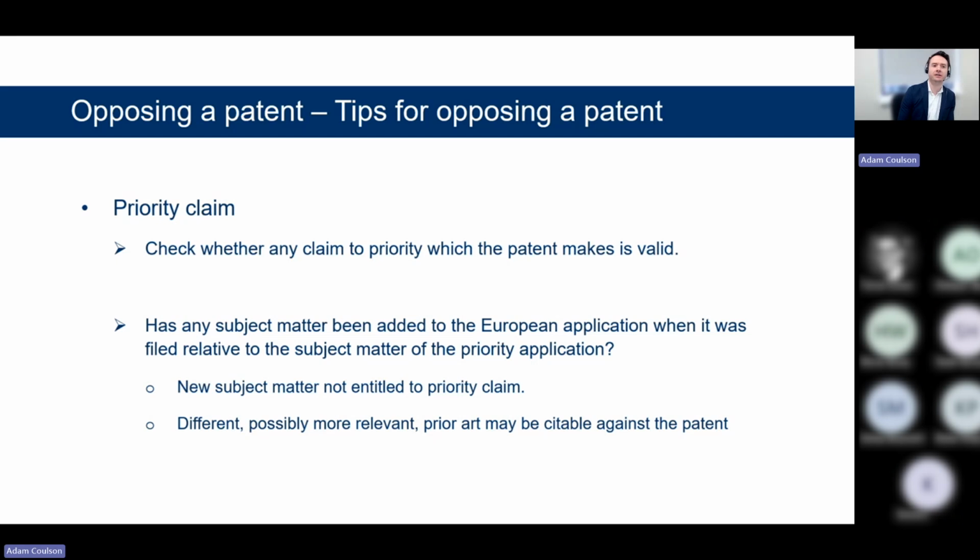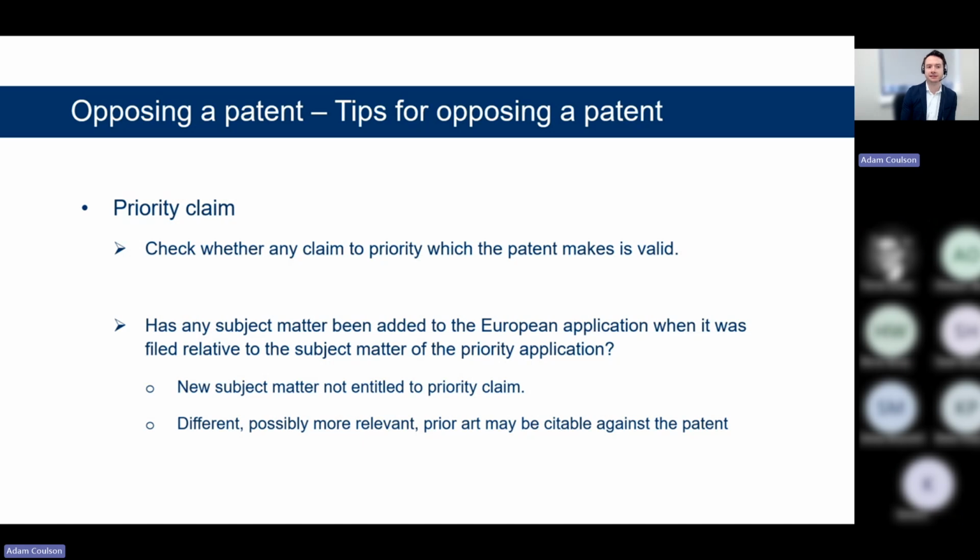Also, check for any new subject matter added to the European patent application when it was filed relative to the subject matter of the priority application. If there is new subject matter in the European application, this subject matter will not be entitled to the priority claim.